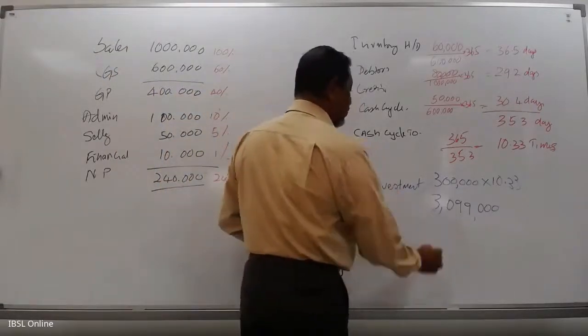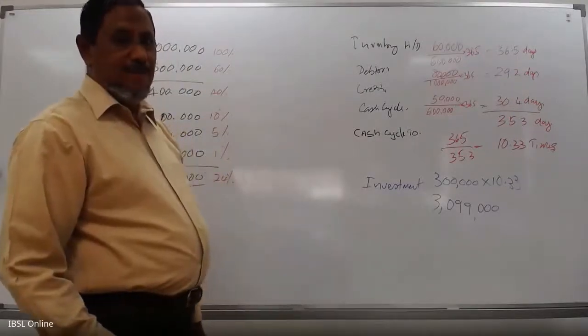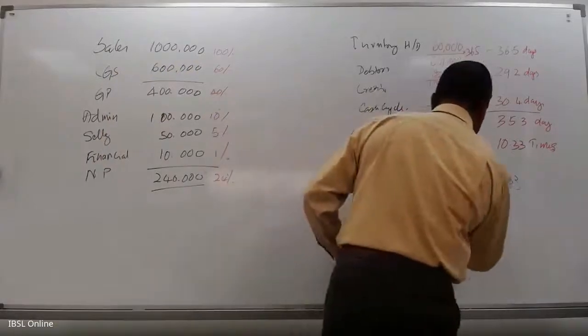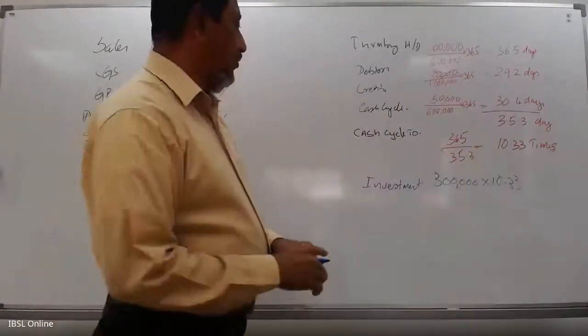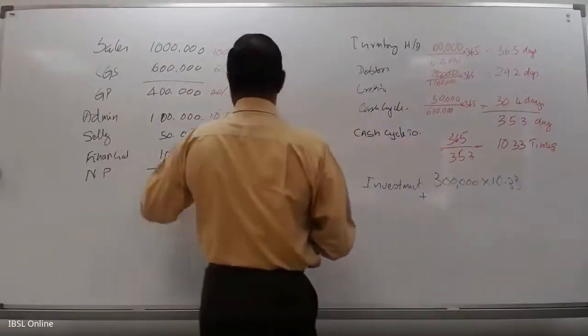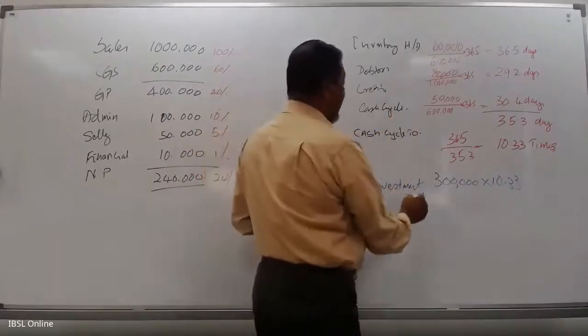Cost of goods sold will be this amount of investment. What are you talking about? 3 million, 300,000 we are investing, plus what is the outstanding? The carry forward balance is 60. Last year carry forward balance 60,000.